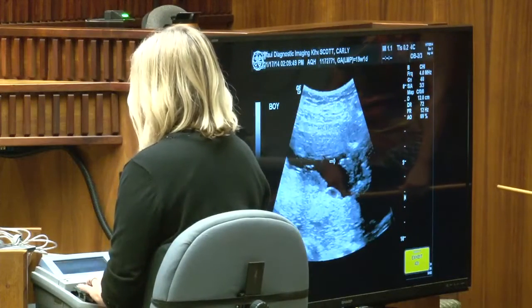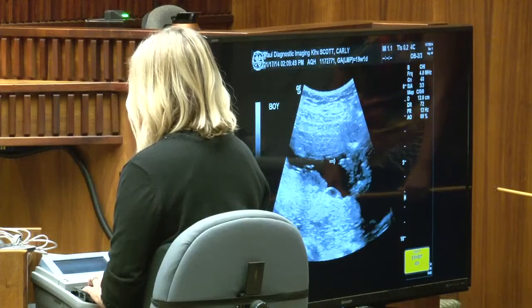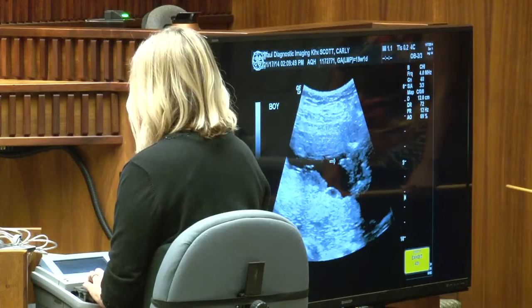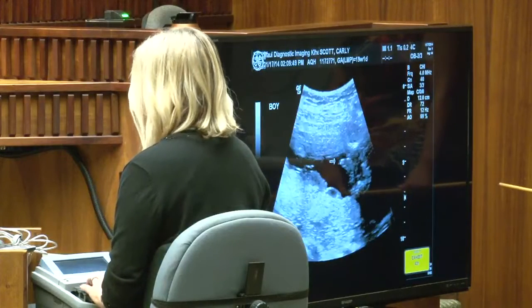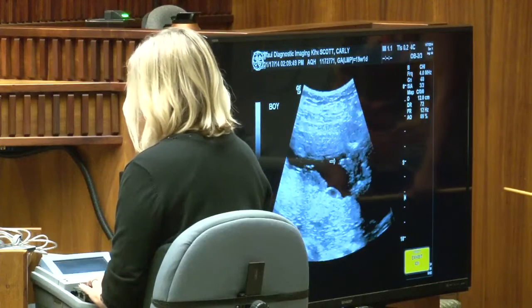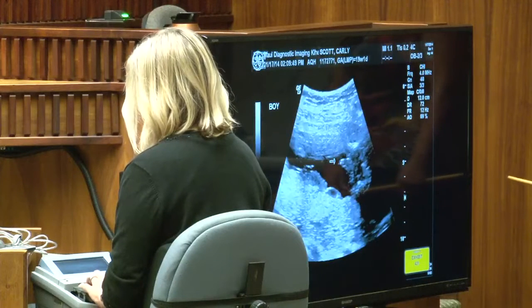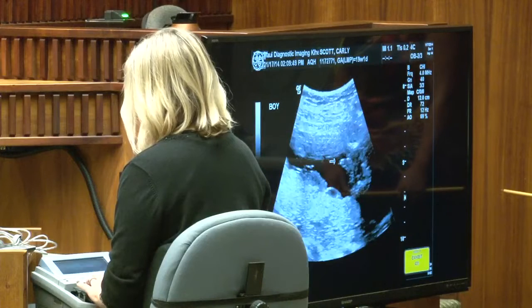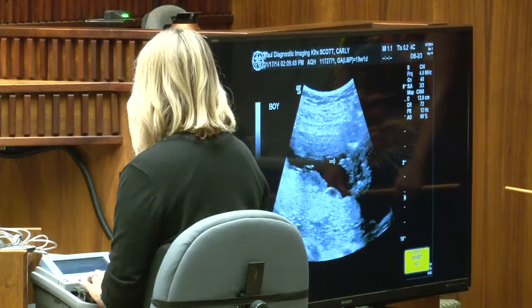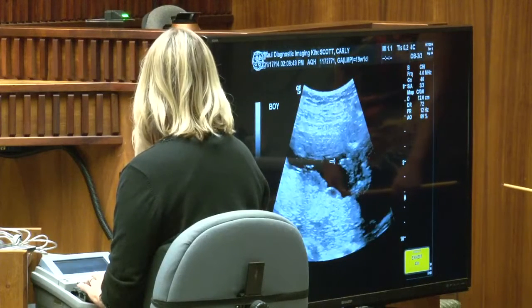And you've indicated a designation in regards to gender. Yes. And where is that? Up here. And it is? A boy. And is this a normal image generated as part of an anatomy scan per doctor's order? No, it's not a requirement. It's just if the patient asks for it, then I will usually go ahead and print a picture for them.